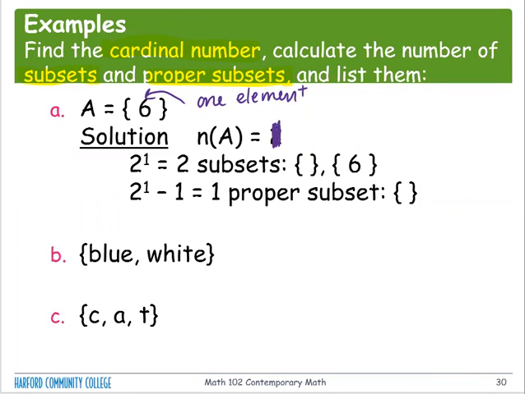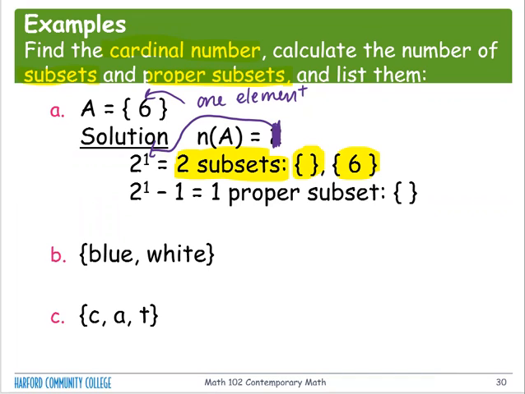So n(A) equals 1. Therefore, the number of subsets would be 2 to the first power, 2 to the first equals 2. The total number of subsets for set A is 2, and when you list them, it is the original set and another set that has fewer members.